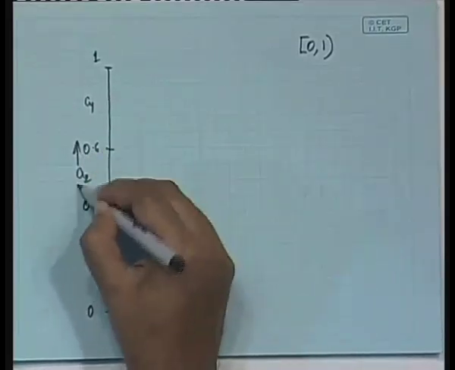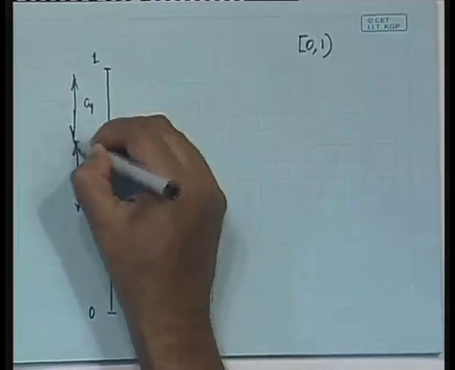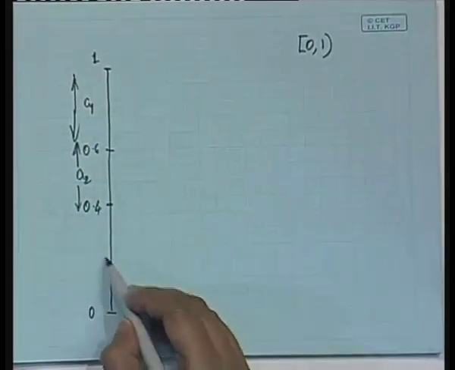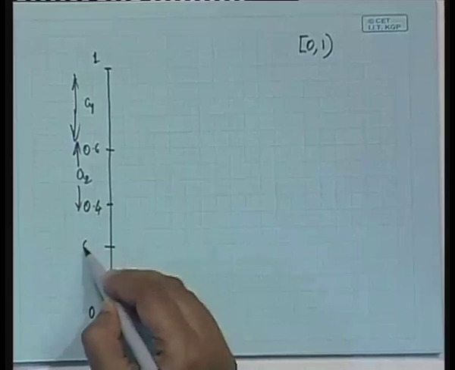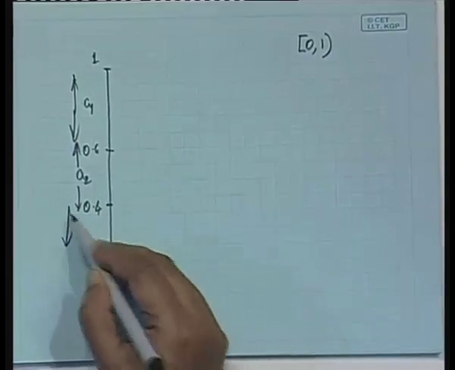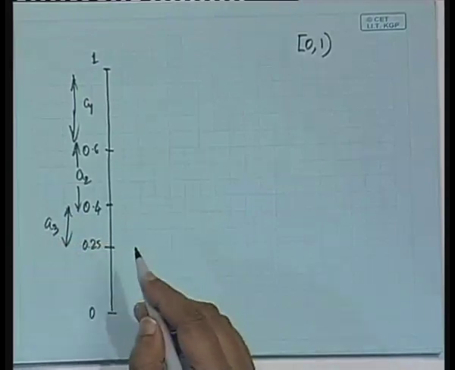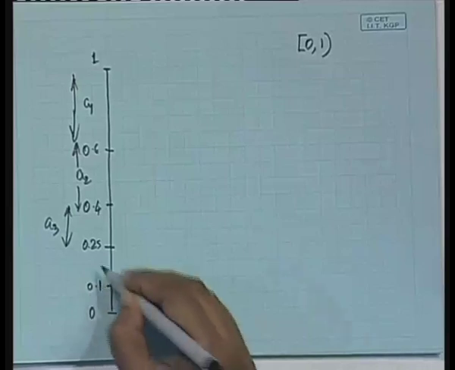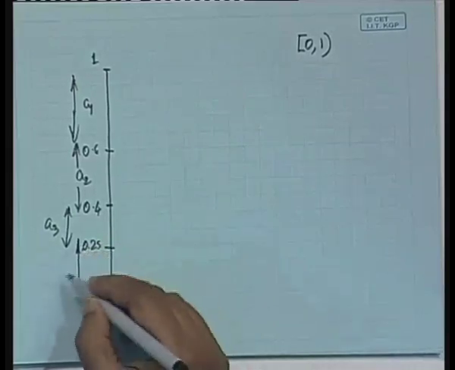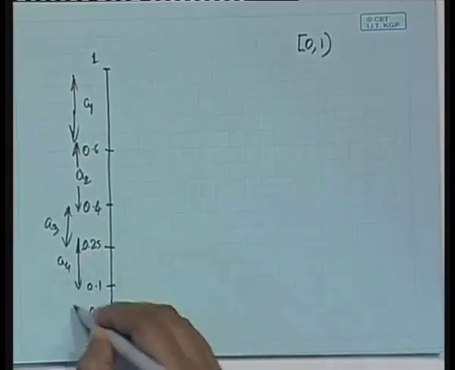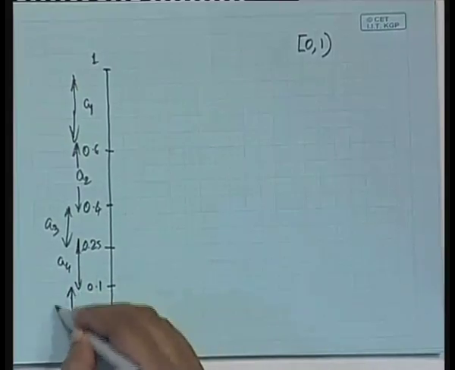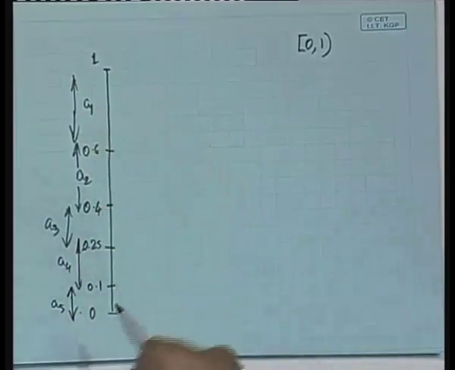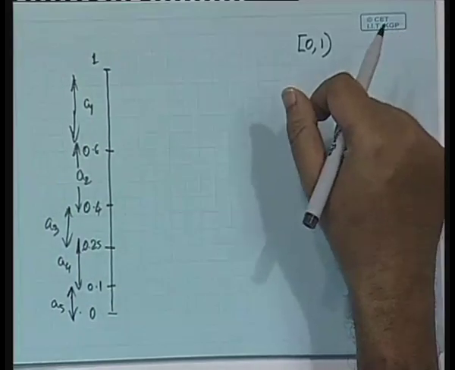The sub range of 0.25 to 0.4 corresponds to A3. 0.1 to 0.25 corresponds to A4, and 0 to 0.1 corresponds to A5. So we have partitioned this line into 5 proportional divisions, A1 to A5.